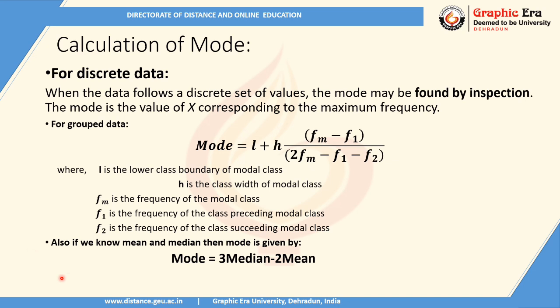Also, if we know mean and median, then mode can be calculated with the help of mean and median by the formula: mode equals 3 median minus 2 mean.